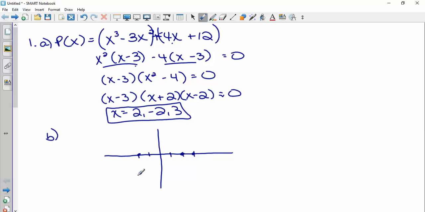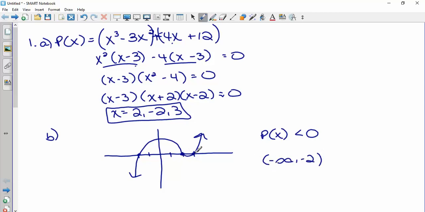Your graph looks something like this, right? So B asks where it is less than 0. Less than means the negatives. So we can see it's negative on this section of the graph. So that interval would be from -infinity to -2.